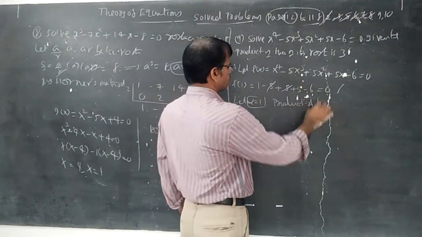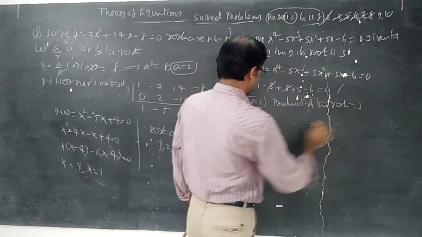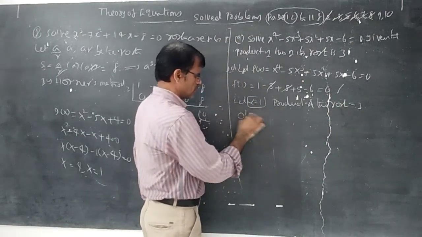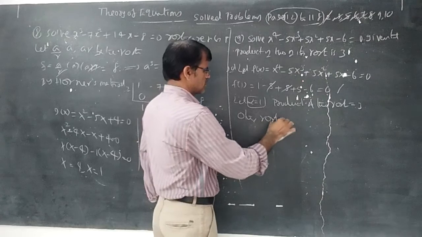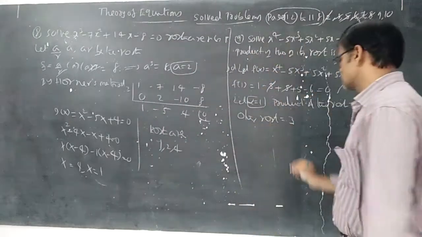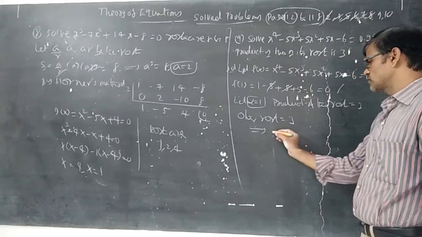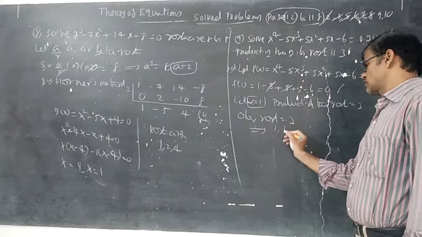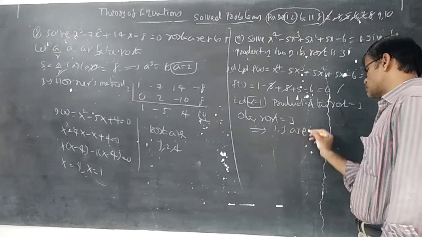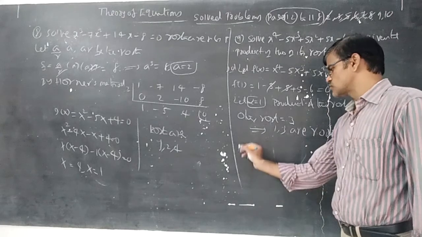Product of 2 roots equal to 3, so the other root is equal to 3. That implies 1 comma 3 are roots.